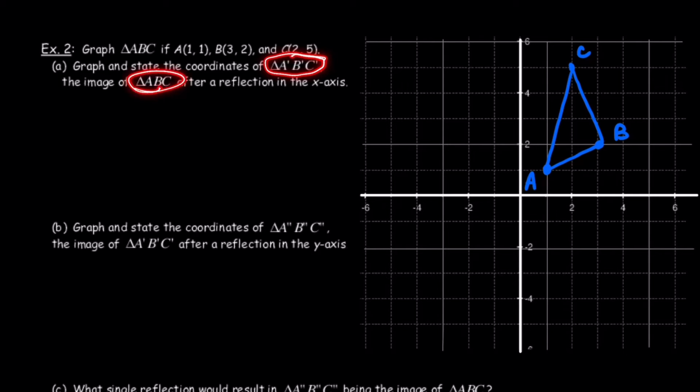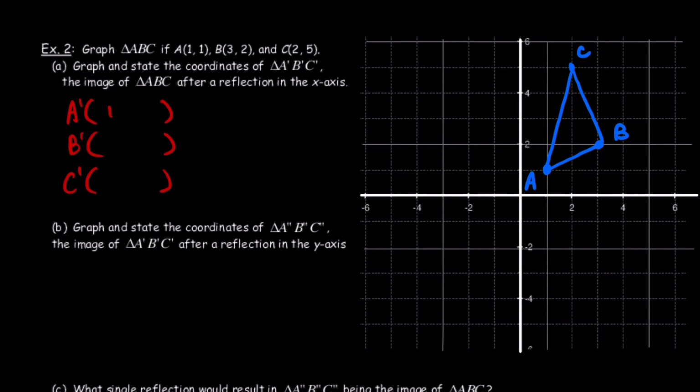of triangle ABC, after reflection in the x-axis. So by now, hopefully we understand reflecting in the x-axis is negating the y. So I'm going to take these coordinates here, and I'm going to negate the y. I'm going to write those coordinates out. A prime, B prime, C prime.